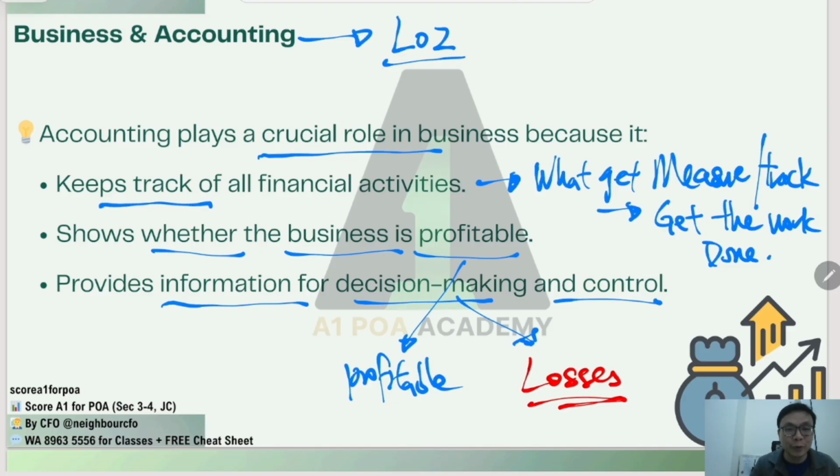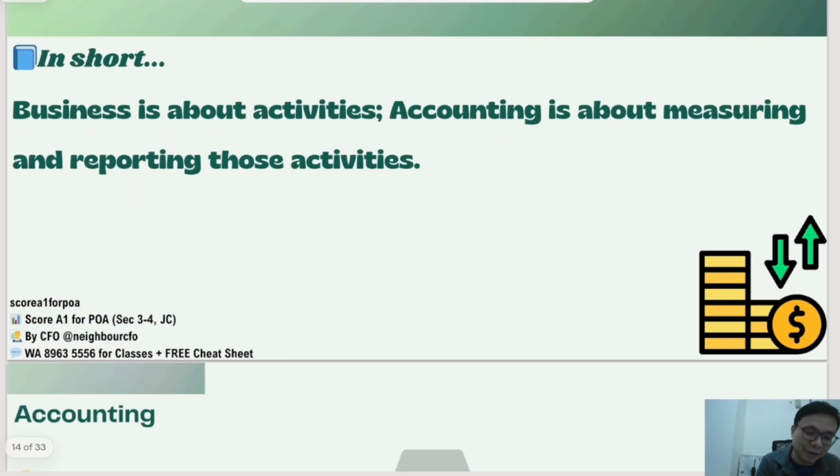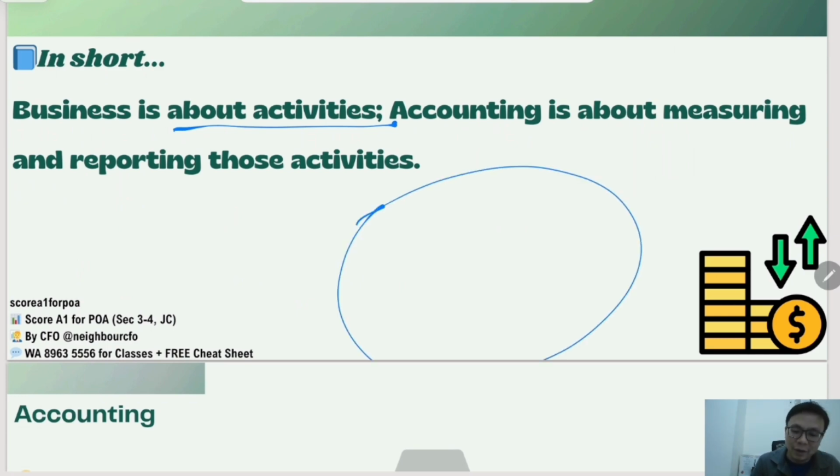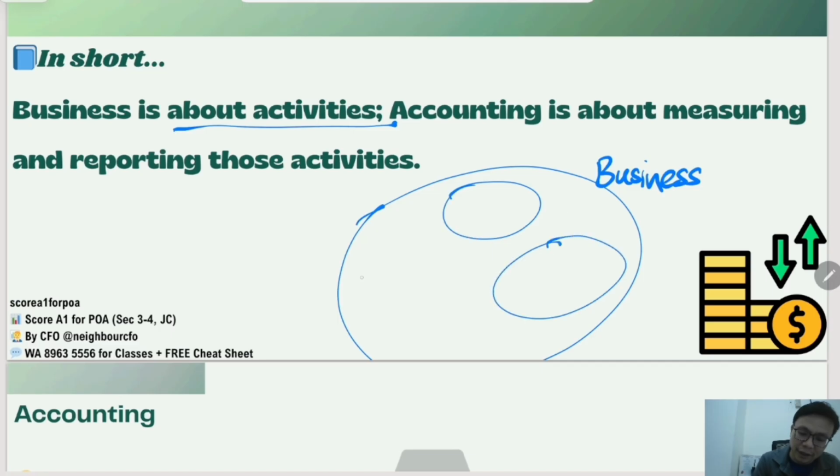For who? For different types of stakeholders. In short, business is all about activity, and accounting is about measuring and reporting all this activity. So this big circle, just imagine this is the business, and in the big circle itself, first and foremost you have production.